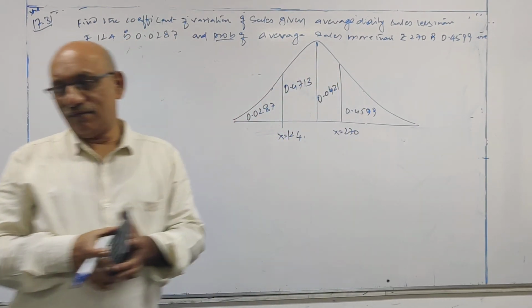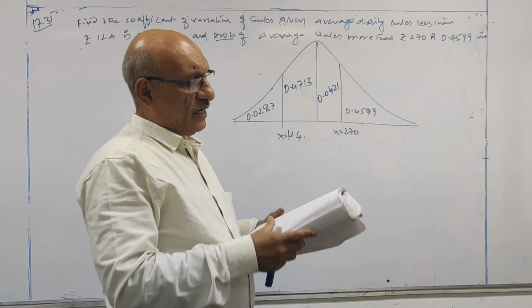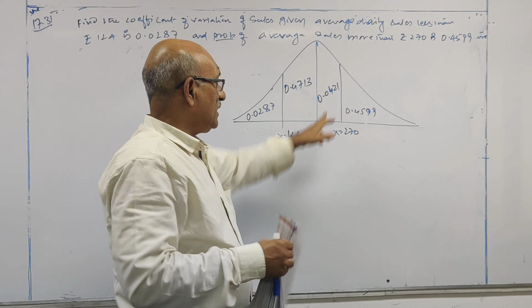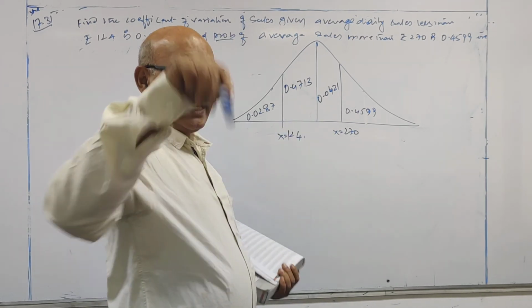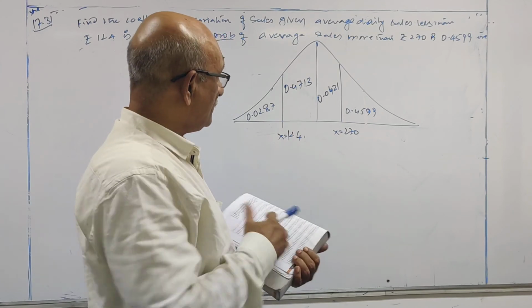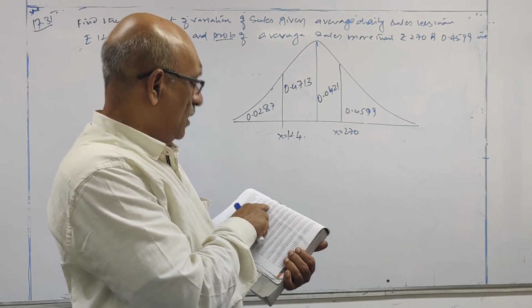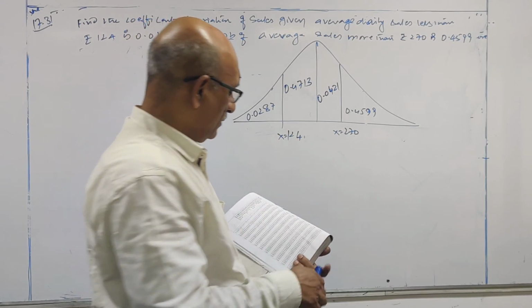Now from the normal curve table, let us see the Z values. In the exam, these values will be given. Don't worry, Z will be given in integral notation. For 0.0421 it is 0.11.